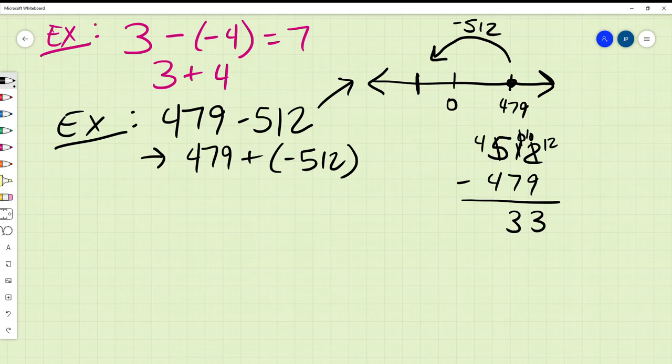So the difference between 512 and 479 is 33, right? And even if we're not confident of that, we can do it on a calculator: 512 minus 479, you get 33. But we have to know that our final answer is going to be a negative, so it's going to be negative 33.